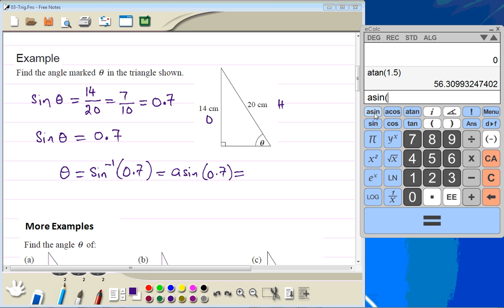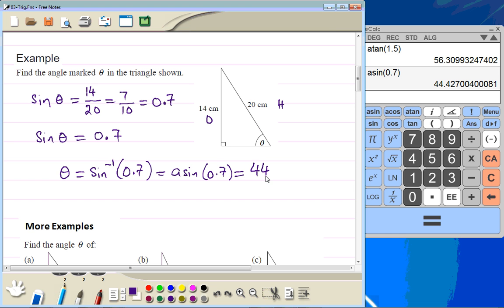So a sine 0.7, close bracket, equal, and we get the angle 44.4 degrees.